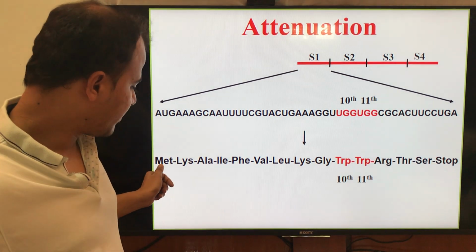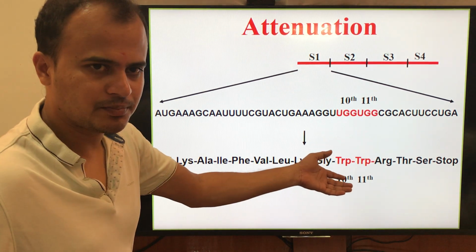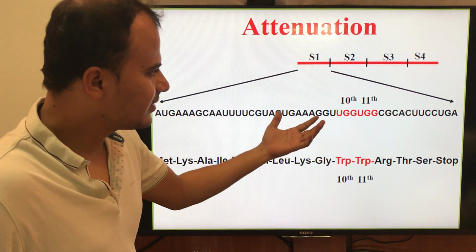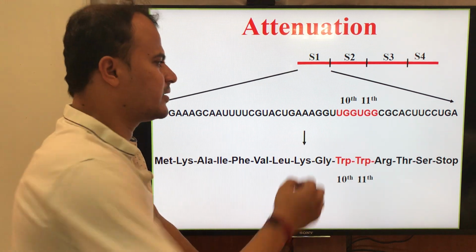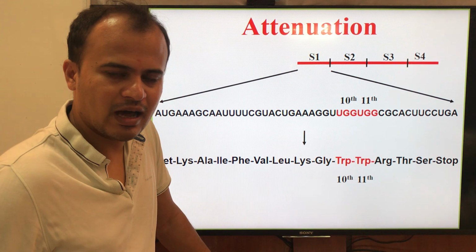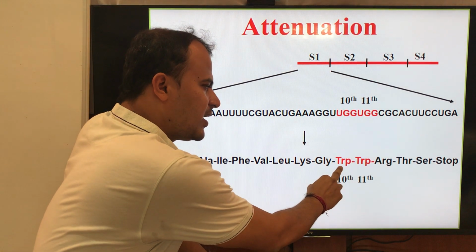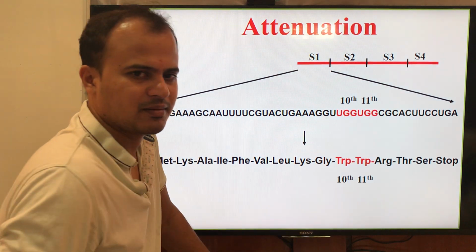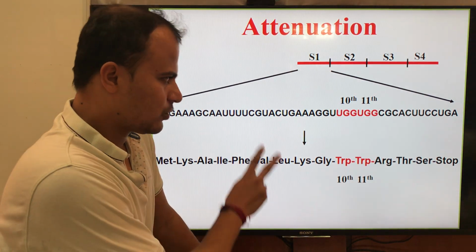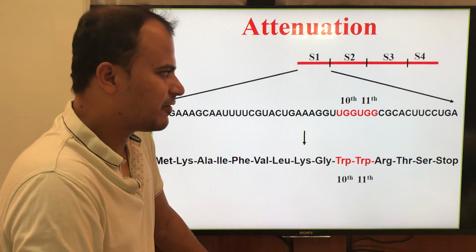The first amino acid is methionine, then lysine, alanine, isoleucine, phenylalanine and so on. You should also remember that the 10th and 11th codons code for the amino acid tryptophan. There are 2 codons that code for tryptophan, in the 10th and 11th position.